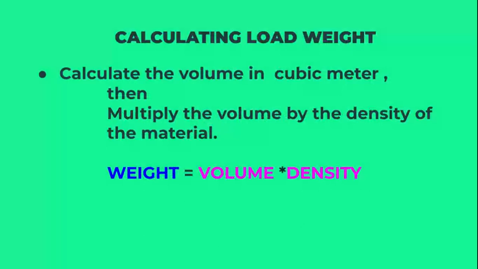In the next video I will upload how we can calculate different shapes. It means load shapes: rectangular, solid cylinder, thick-walled or thin-walled pipe, sphere, and pyramid. So for different shapes, how can we calculate the volume? In the next video I will upload that as an image with formulas.